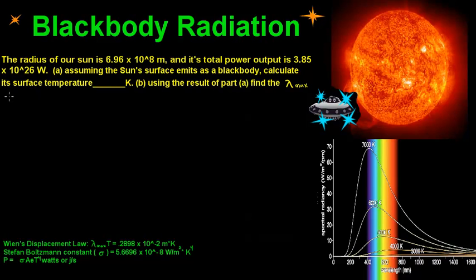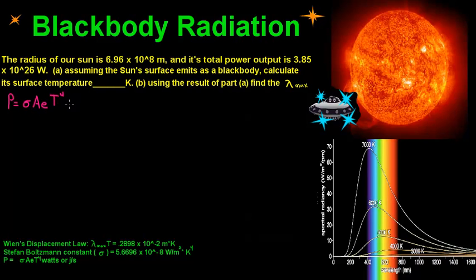So let's write this out. P equals sigma times A times E times T to the 4th.